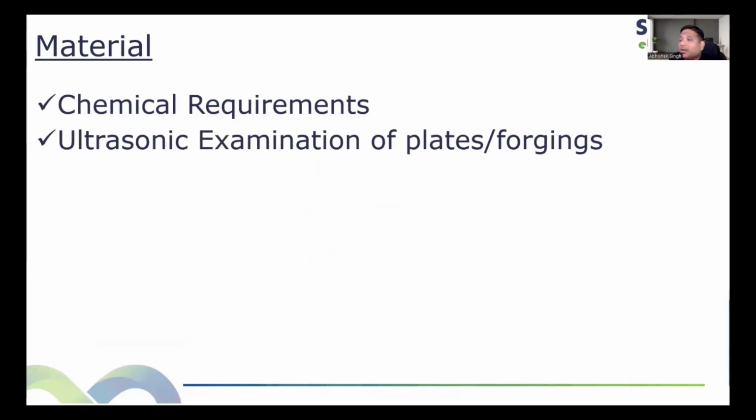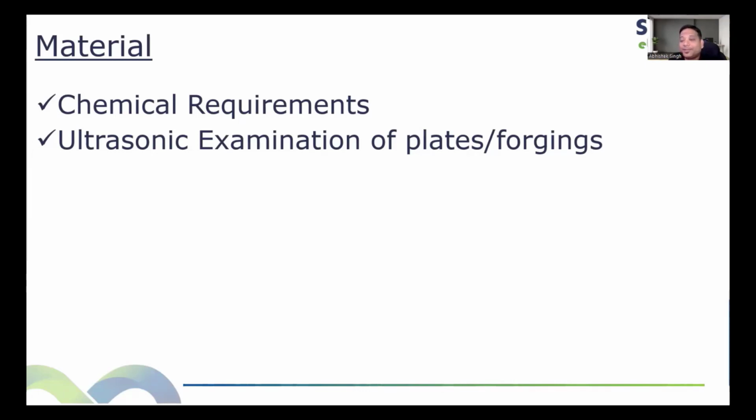For the chemical requirement for carbon steel, the carbon content cannot be more than 0.35%. So 0.35% is the limitation for carbon content. If you talk about ultrasonic examination of plates and forgings, there is no requirement in Division 1. But generally we do ultrasonic examination for thicknesses above 50 mm, right? Do you know where that is coming from?